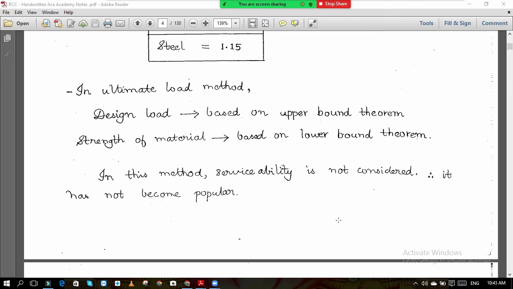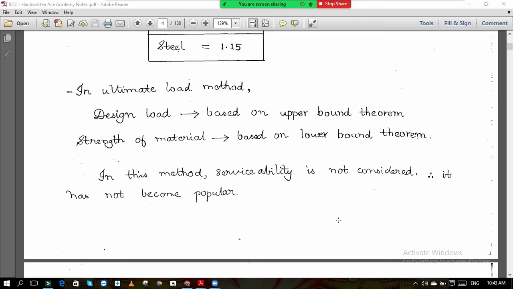What should be the deflection, the cracking, the width of the crack, the ductility of the material, and the bond strength between the concrete and steel, and what is the limit for that. All those things come under serviceability, and they are not considered in working stress method as well as in ultimate load method.